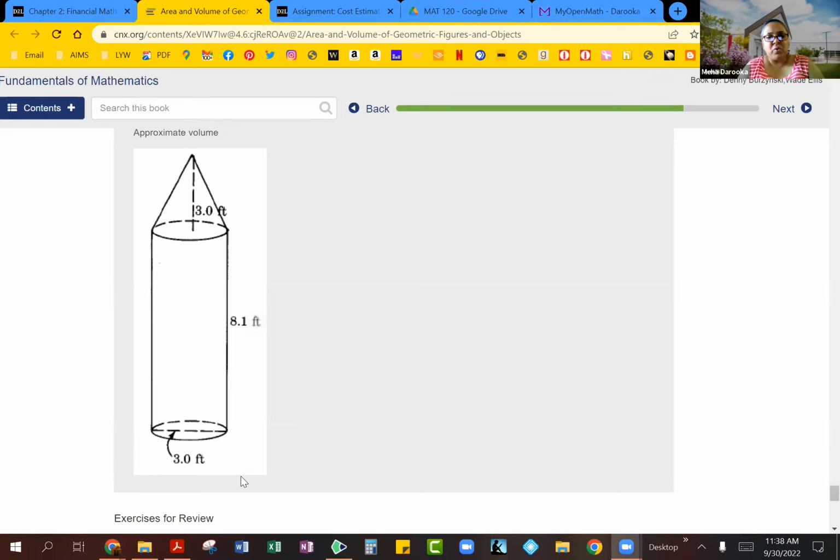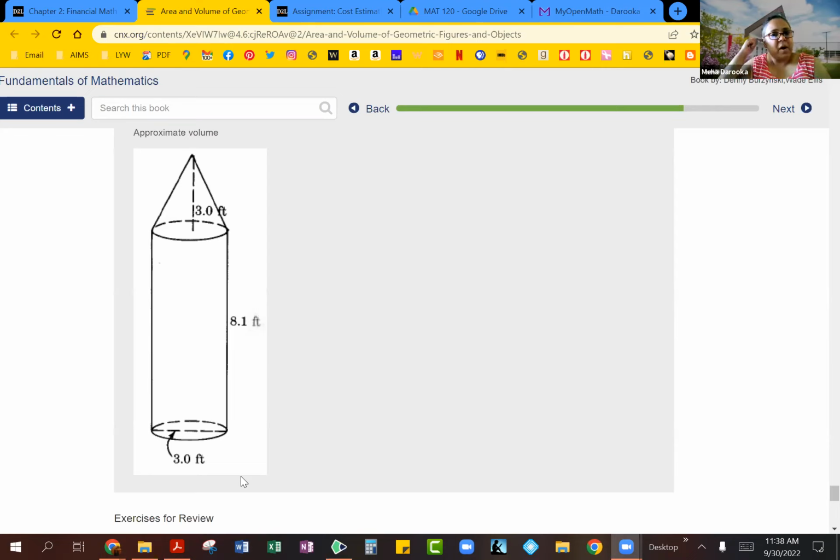We have a cone and a cylinder. Destiny, you said pyramid and a cylinder. Since your bottom surface is circular, it will be a cone instead of a pyramid. Pyramid usually means the base should be a rectangle or a square.